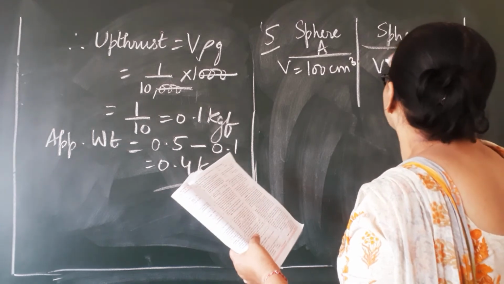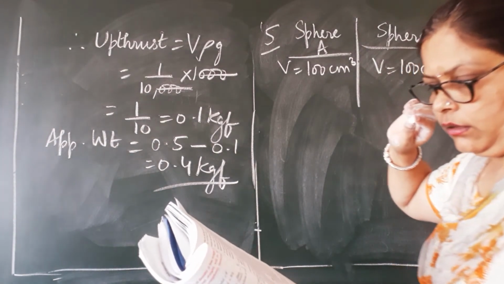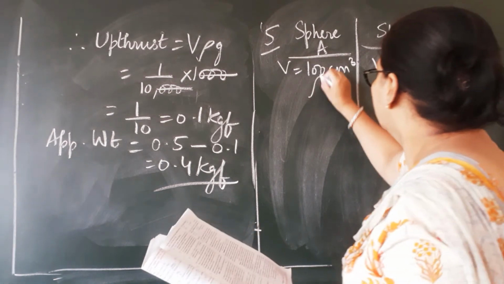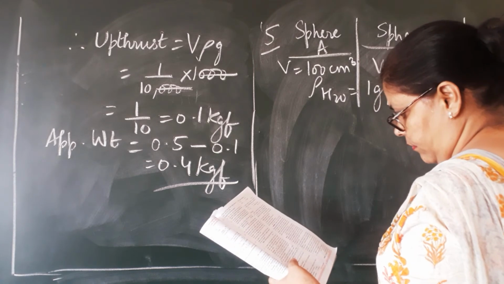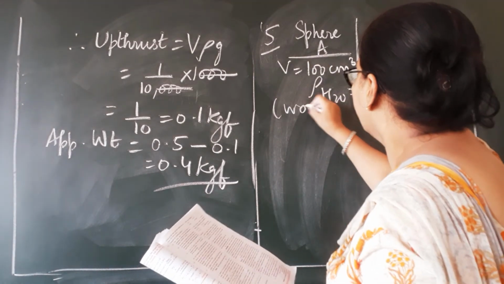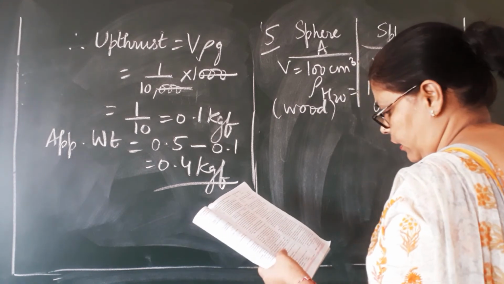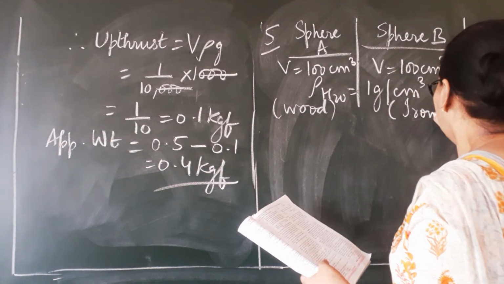Each means both have the same volume, 100 cubic centimeter. The density of water is given to be 1 gram per cubic centimeter. The sphere A is made up of wood, and the sphere B is made up of iron. This has been given to you.